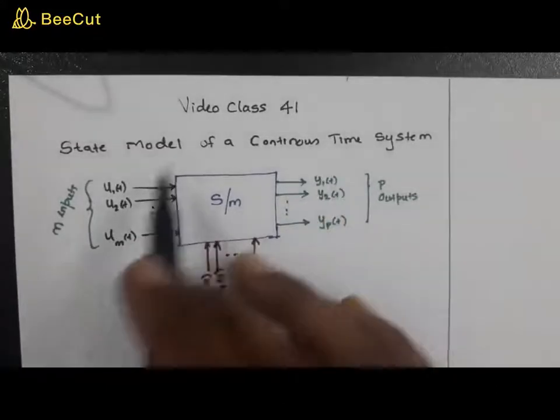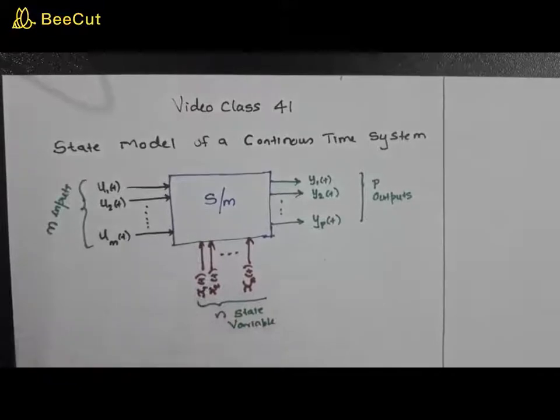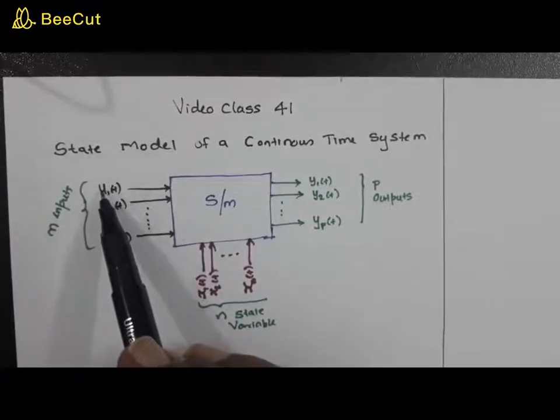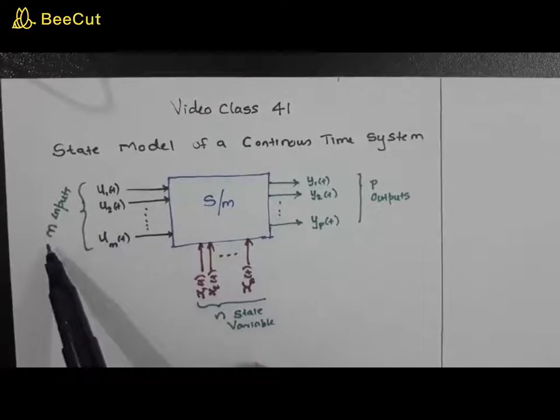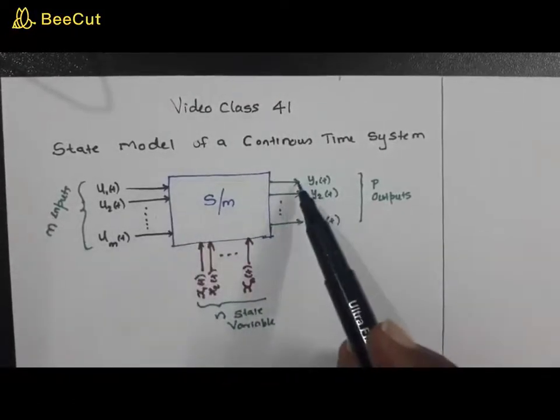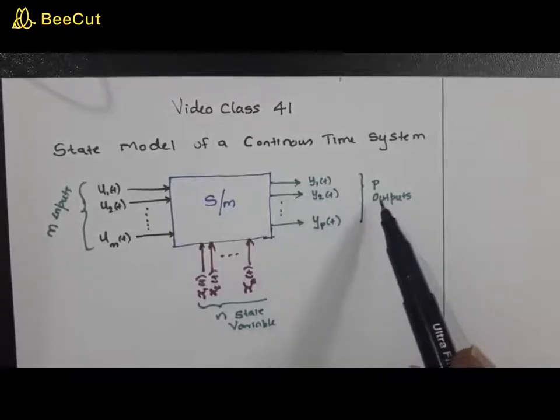Again, consider a system like this, which we have seen already. I'm going to have a recap of that. Assume that you are giving an input, which I'm designating by the letter U: U1, U2 up to UM, meaning you have M inputs, and which gives you outputs y1 of t up to yp of t, meaning you have p outputs.